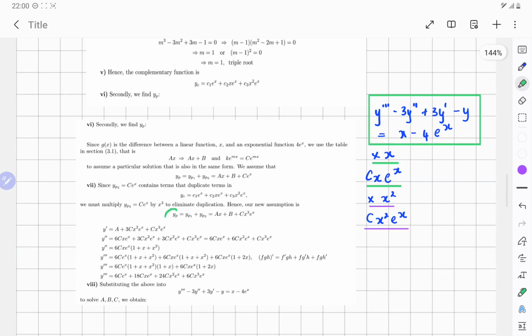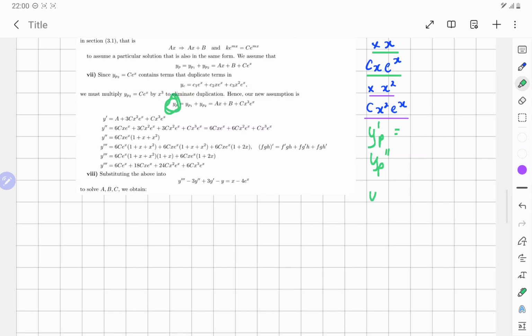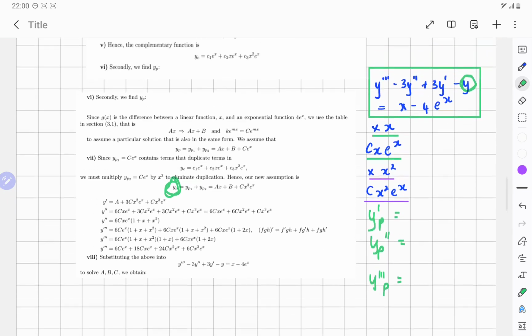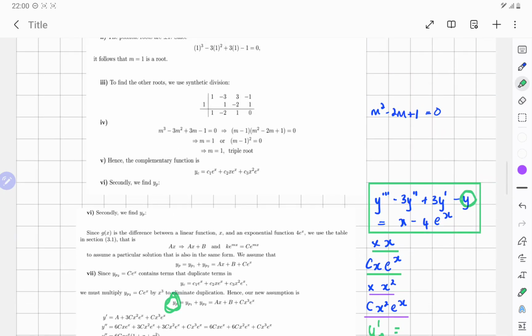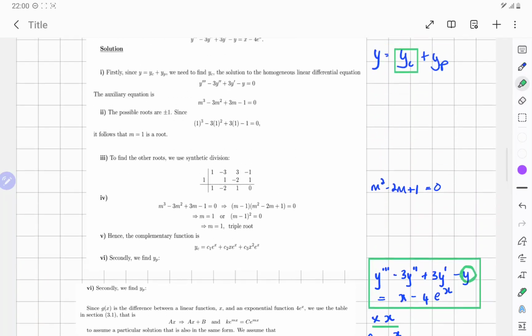We're going to substitute y particular into y. But now we see that we need y prime particular. We also need y double prime particular, and we need y triple prime in order to substitute into this equation.